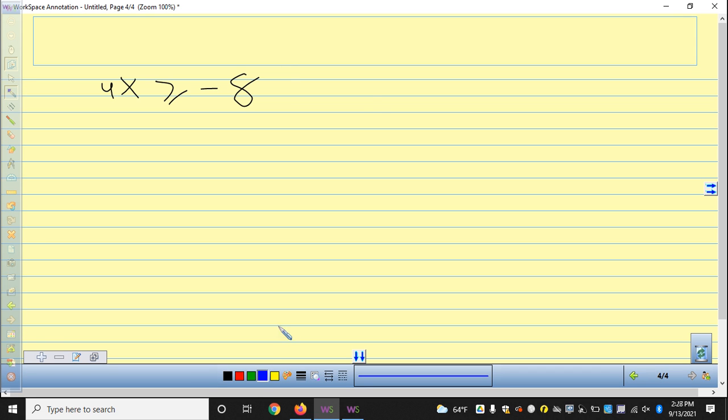So if this were an equation, 4x equals -8, how would we solve this? Divide by 4. And I get x, these go away, x equals negative 2. I'm going to do the same thing here. I divide by 4.